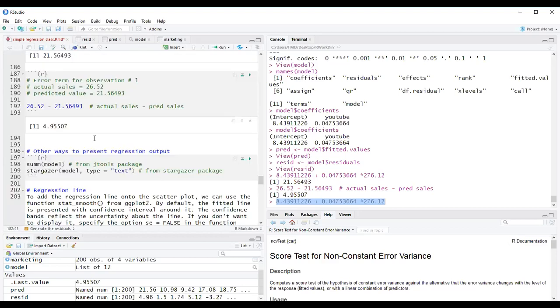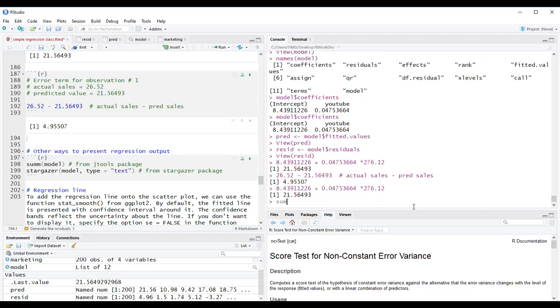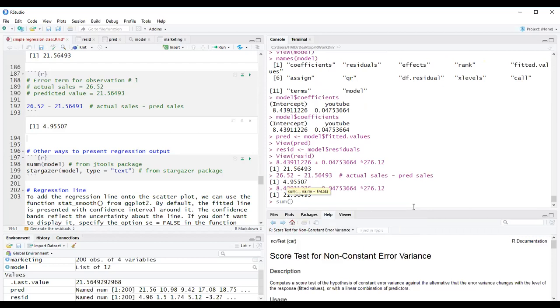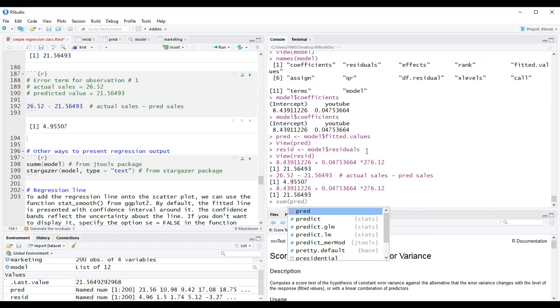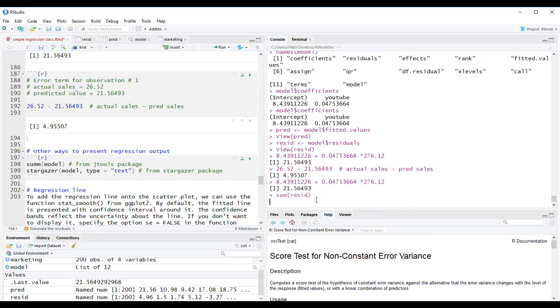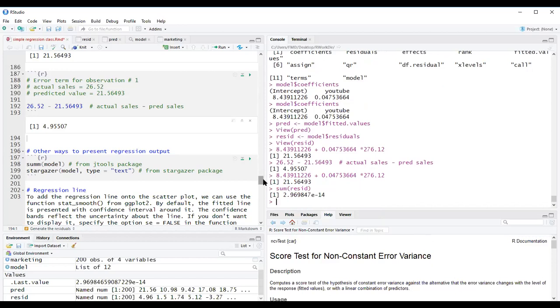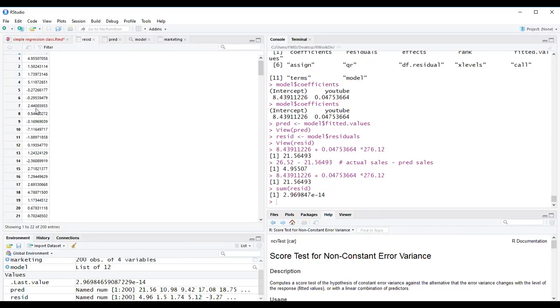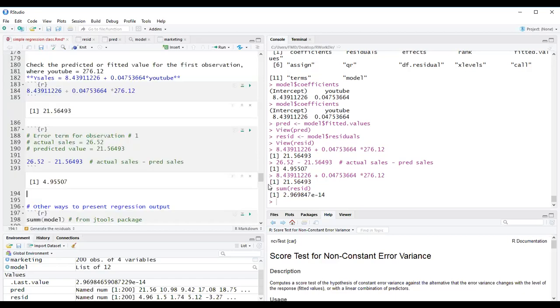Let's try a sample. Let's check. Here, to be quick. The sum of the model residuals. Sorry, not predicted, but the residuals. Okay, did you hear what I did, guys? I summed up the residuals. When we sum that up, guys, the value should be equal to 0. So that's practically 0, right? It's 0. So we are correct.